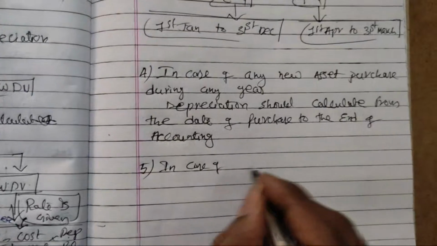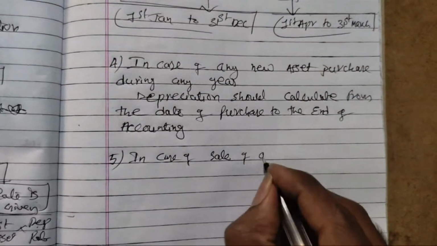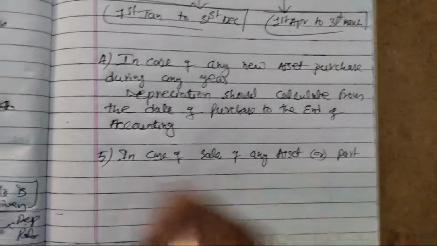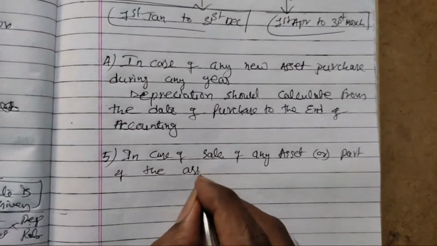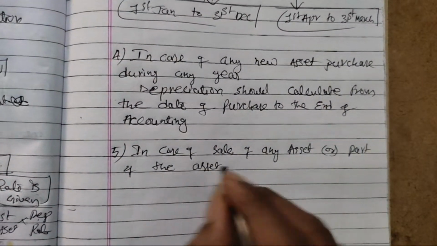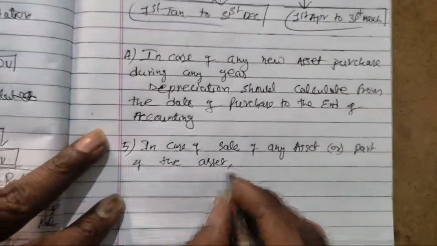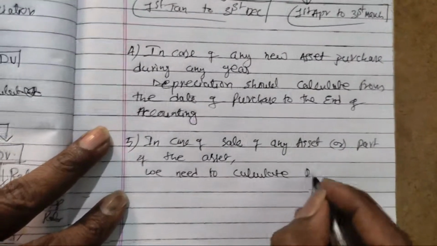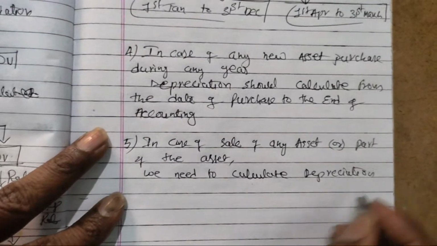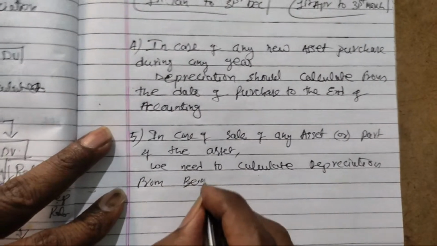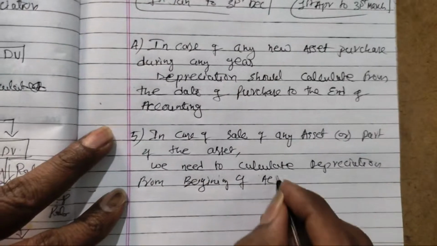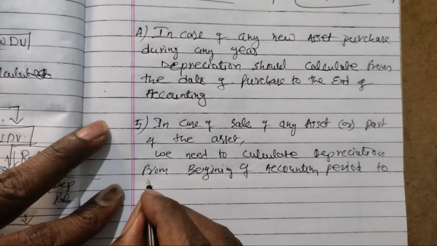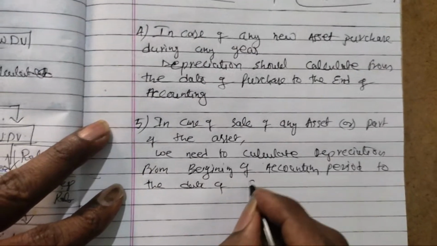In case of sale of any asset or part of the asset, okay, we need to calculate depreciation from the beginning of accounting period to the date of sale.